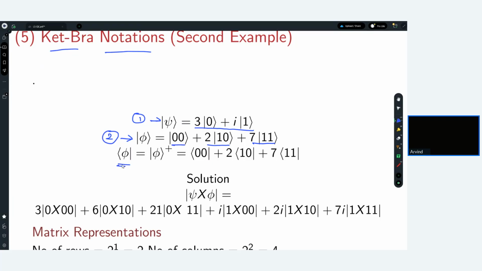So Ket phi is here converted into the third function, the bra notation, which is the conjugate transpose of the Ket phi.